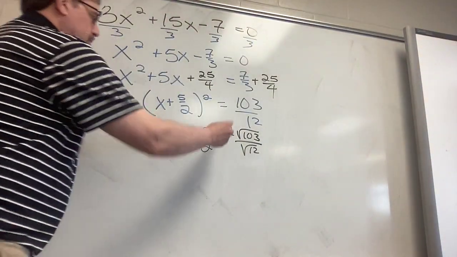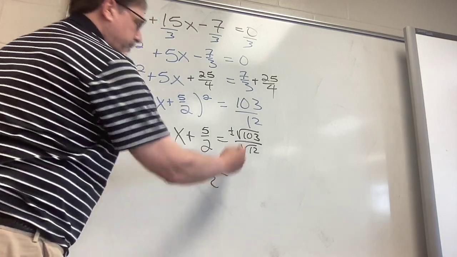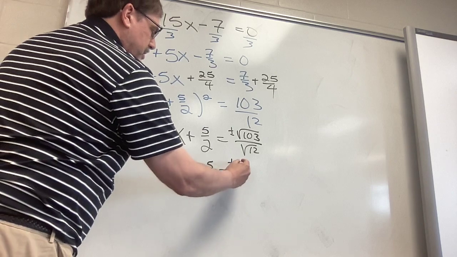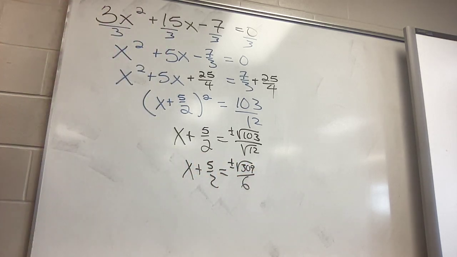So we drive back here. This becomes x plus 5 halves equals, and the last step is to isolate x.